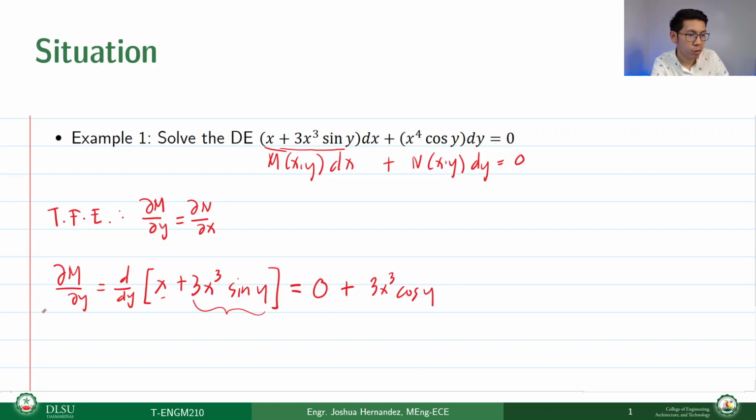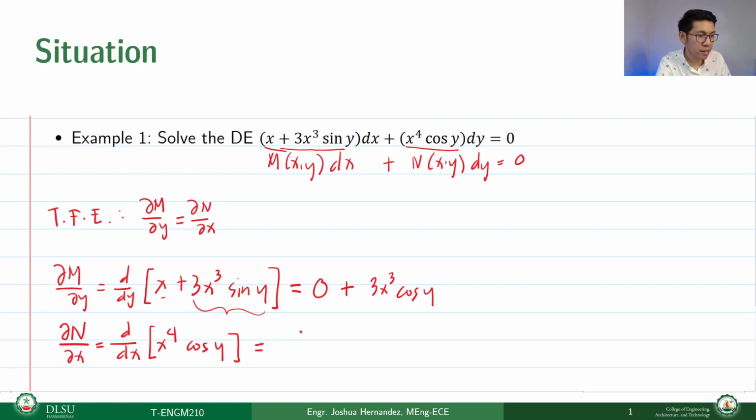Let's now go to the next component, which is taking the partial derivative of N with respect to x, which is simply taking the derivative with respect to x of our N component, x raised to 4 cosine y. The derivative of x raised to 4 is 4x cubed, and then cosine y, because we treat y again as constant.